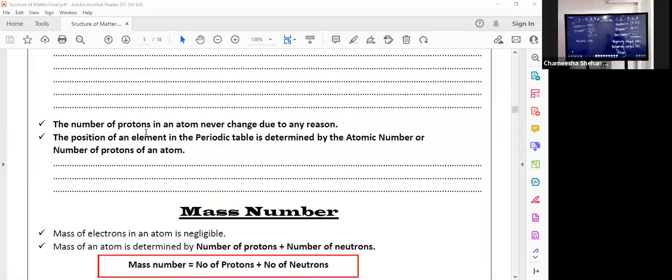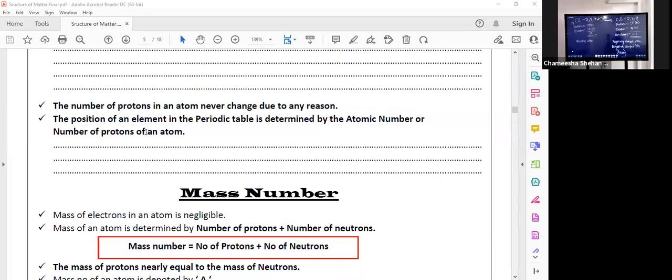Right. So here, the number of protons in an atom never changes due to any reason. Highlight that. That is very important. The number of protons in an atom never changes due to any reason. The position of the element in the periodic table is determined by the atomic number, or the number of protons of an atom.